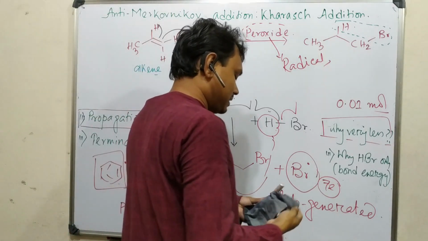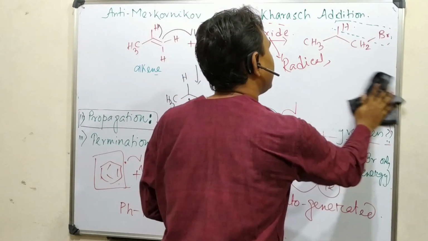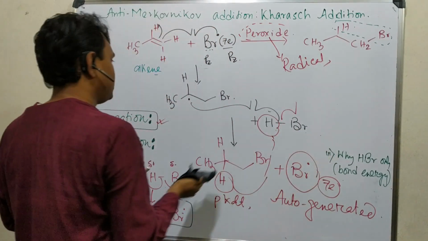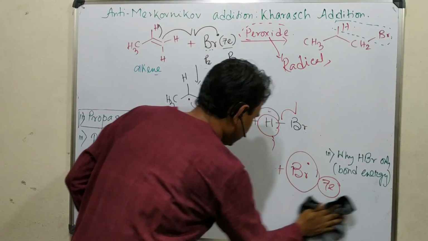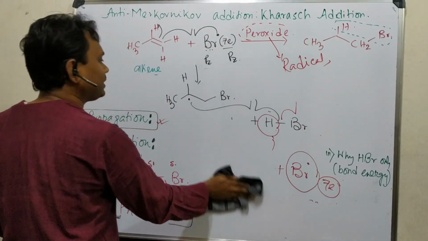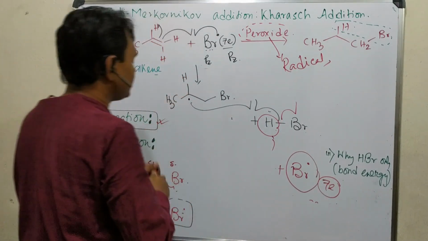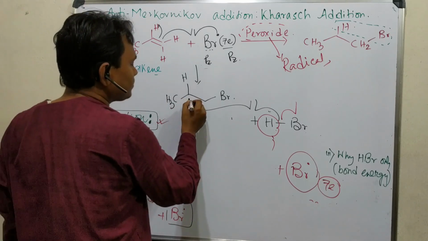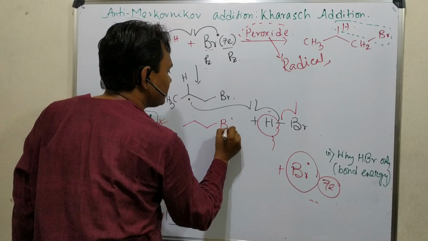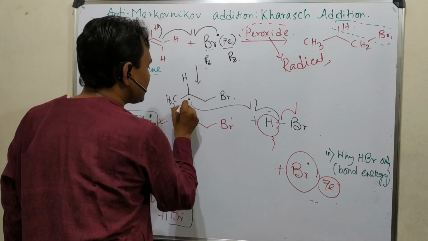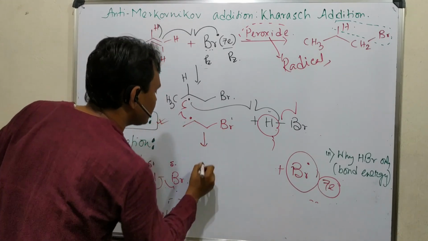Now the last step of this reaction, that is termination. How could termination be possible? To understand, think of one radical, and similarly another radical. They can combine to produce this.